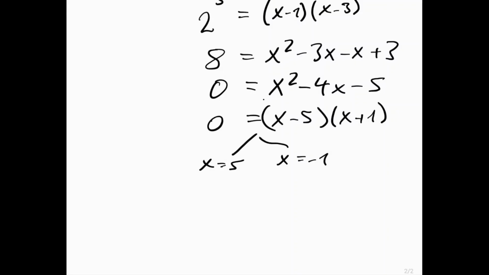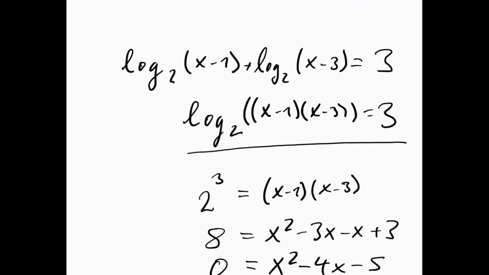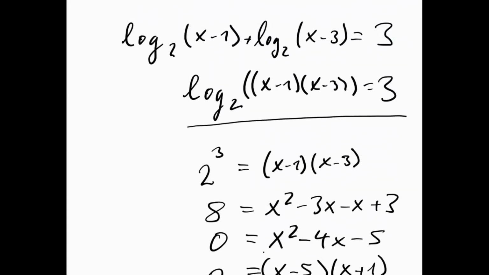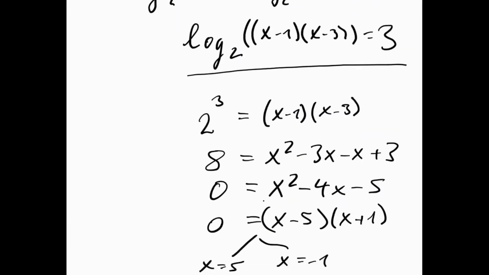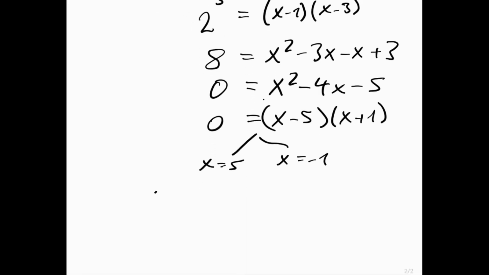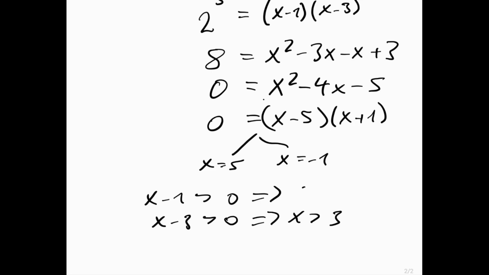But we should refer back to the logarithm, because initially we had logarithm base 2 of x minus 1 and logarithm base 2 of x minus 3. There's a property with logarithms that the argument should be strictly above 0. So x minus 1 should be strictly above 0 and x minus 3 strictly above 0. This gives x is above 3. This gives x is above 1.